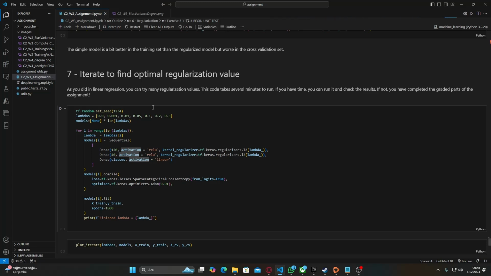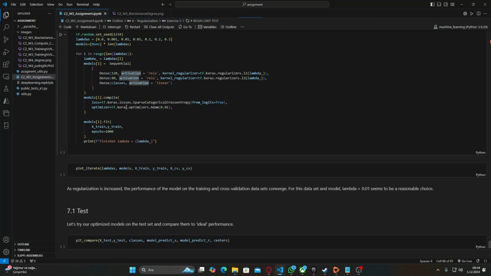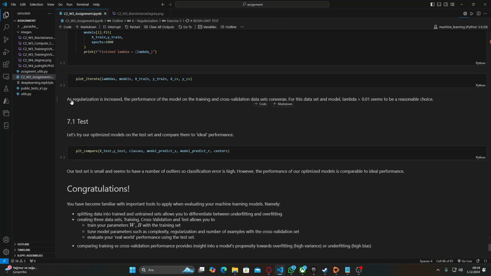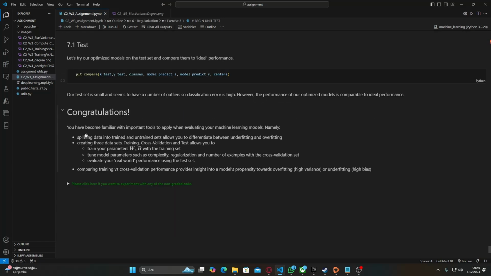If you have time, you can run and check the results. If not, you have completed the graded parts of the assignment. As regularization is increased, the performance of the model on training and cross-validation datasets converge. For this dataset and model, a lambda bigger than 0.01 seems to be a reasonable choice. And this is our test.